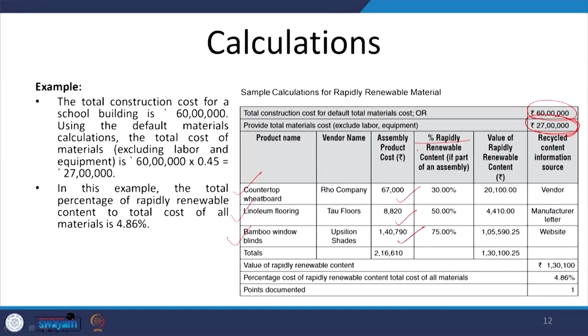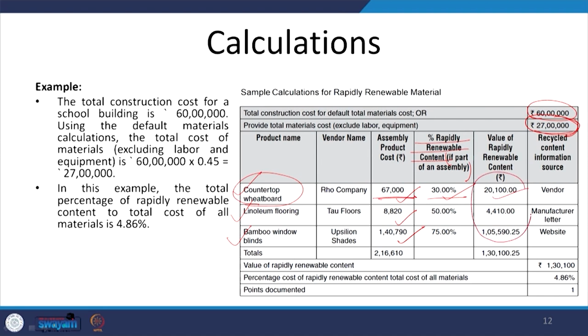We will only be calculating the rapidly renewable content as part of the assembly. So, if 30% is rapidly renewable content in the countertop wheat board, the value counted will be 30% of the value of the material assembly.